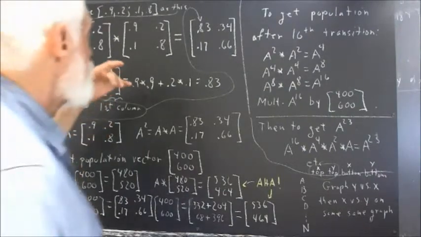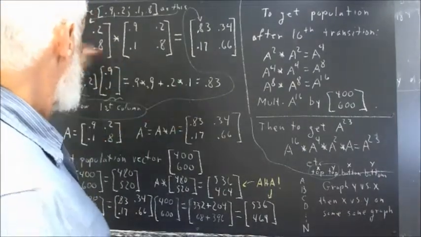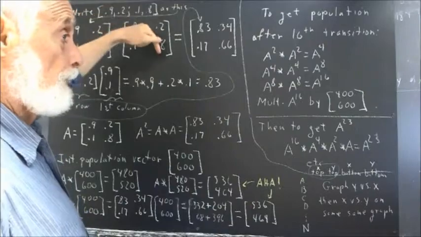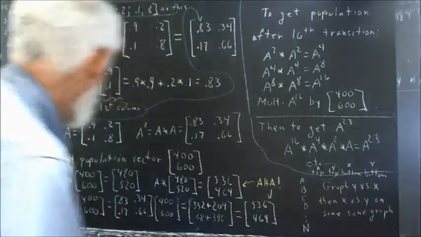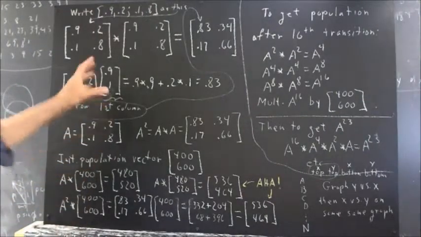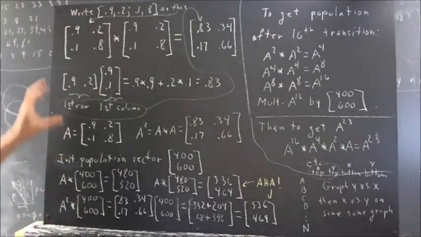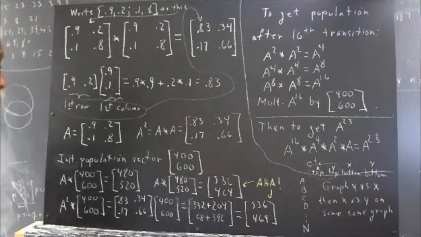The sum is 0.66. That's from the second row and the second column, and it goes in the second row and the second column. Okay, so most people did that correctly on the homework, but we just wanted to make sure we had a good visual picture of it and reinforce that.